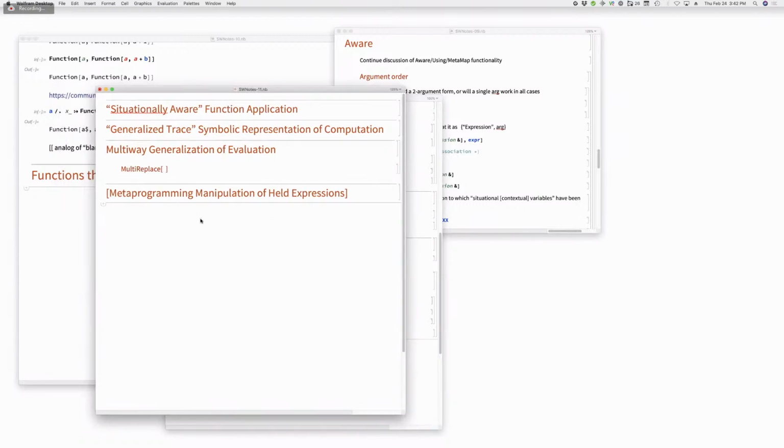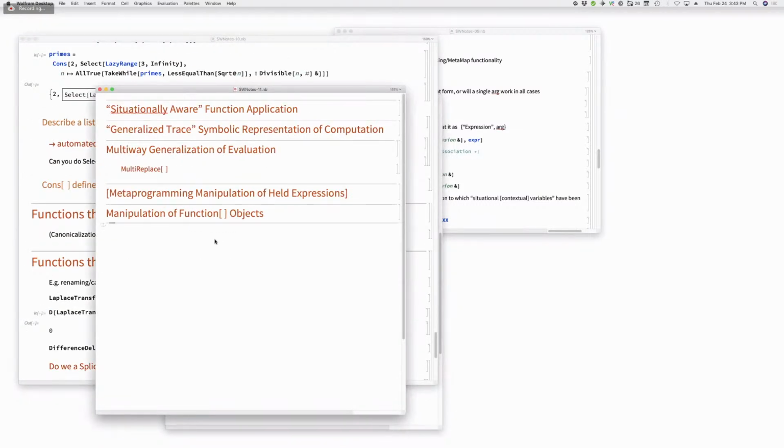Another thing we have been starting to talk about was manipulation of function objects. We just started talking about that last time. And we also talked about manipulation of patterns.